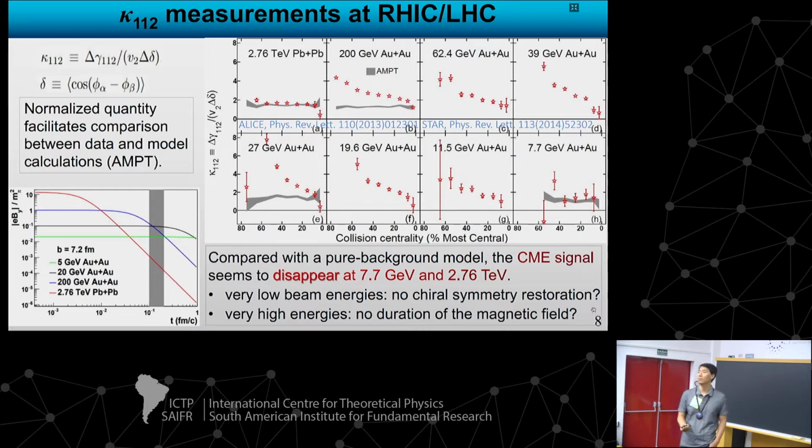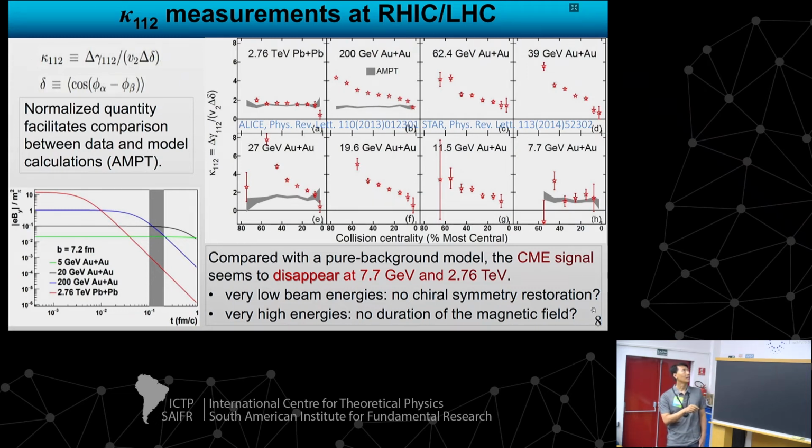And this is reasonable, because in very central collisions you do not expect a strong magnetic field. You have almost no spectators. So how do we understand the two extreme cases? At the very low beam energy, it's easier to understand, because we expect there's no QGP, no chiral symmetry restoration, then no CME. So you are not supposed to see CME there.